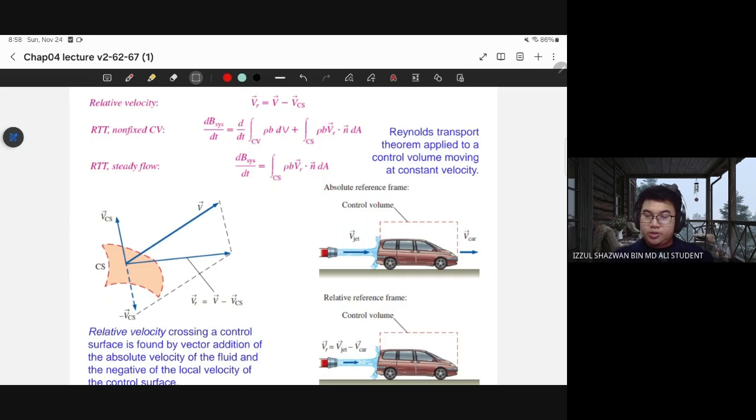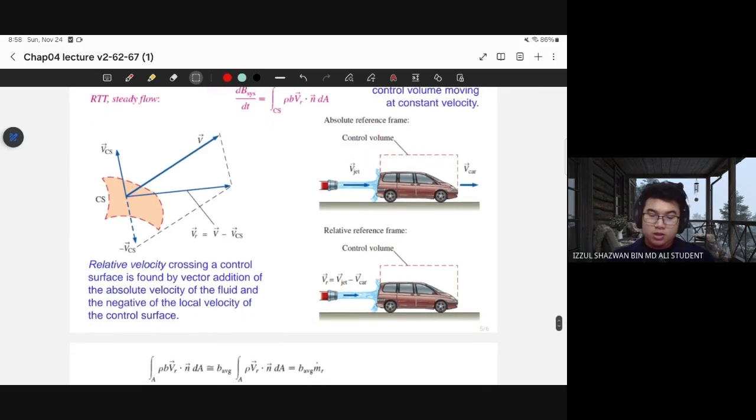The Reynolds transport theorem applies to a control volume moving at a constant velocity. The relative velocity crossing a control surface is found by vector addition of the absolute velocity of the fluid and the negative of the local velocity of the control surface.